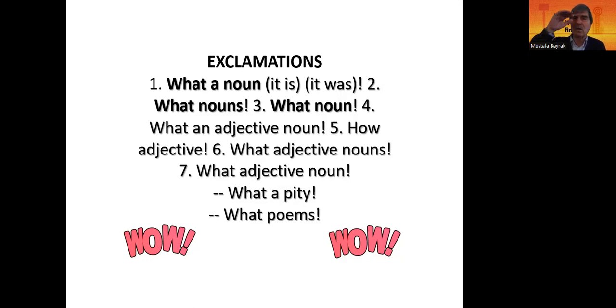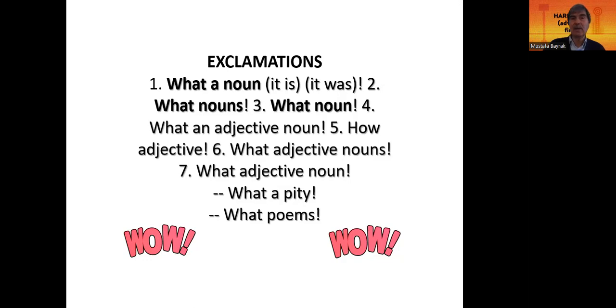No, not for uncountable. We can say a soup. What noun is uncountable? What milk? What iron? Yes. What money? Uncountable. What money? Okay. What an adjective noun?